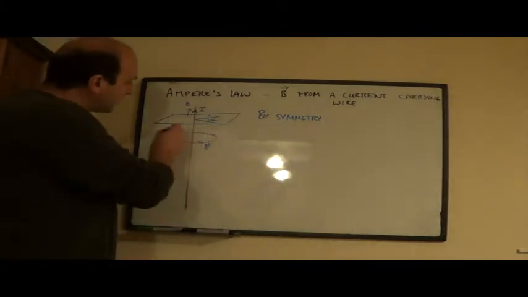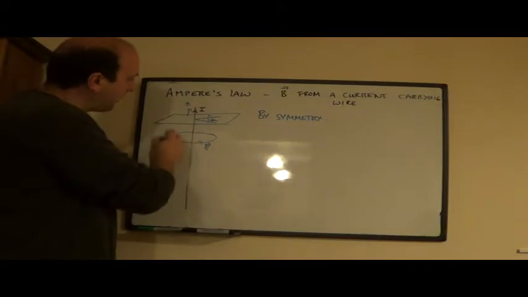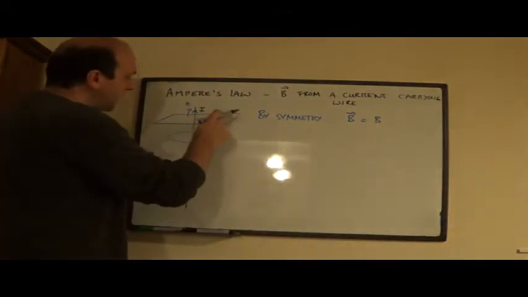Now, there's nothing that's going to distinguish where I am in z or where I am in theta. So B will be given simply by a function of r, the distance in the transverse plane that you are from the wire, and it'll be in the theta hat direction.